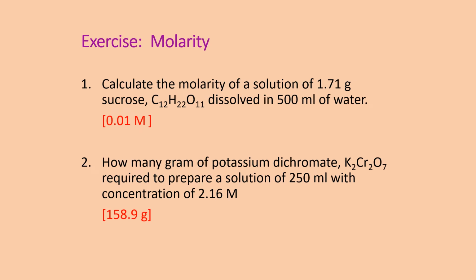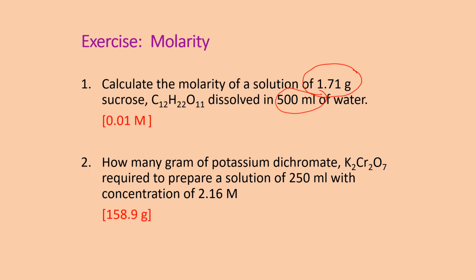Exercise, molarity. Question 1. Calculate the molarity of a solution of 1.71 gram of sucrose dissolved in 500 ml of water. So you have the mass and also you have the volume. Question 2.